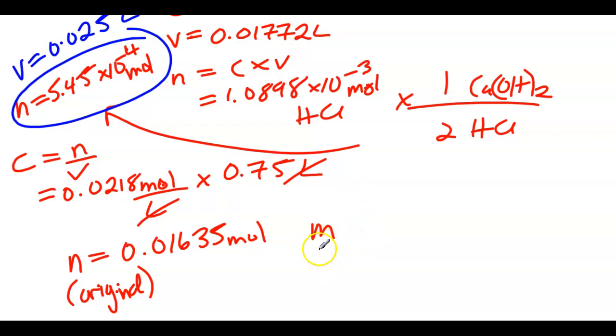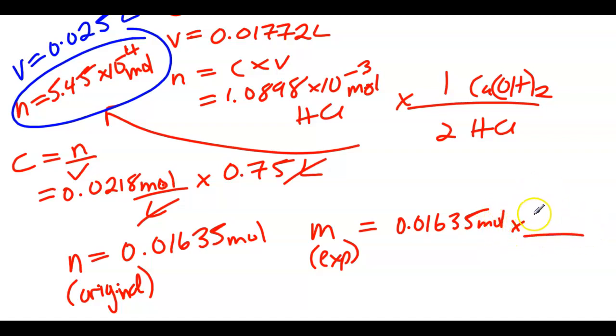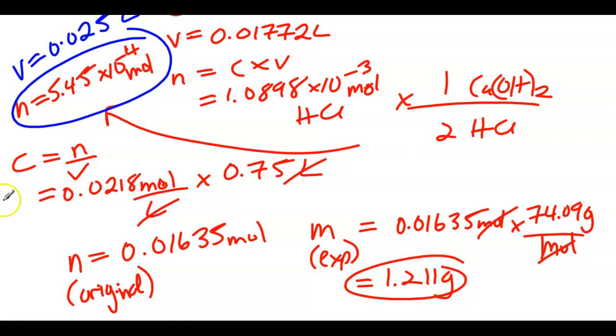So the mass from the experiment is going to be 0.01635 moles times the molar mass, which is, so calcium hydroxide is 74.09 grams per mole, which gives us 1.211 grams. So that's our experimental mass.